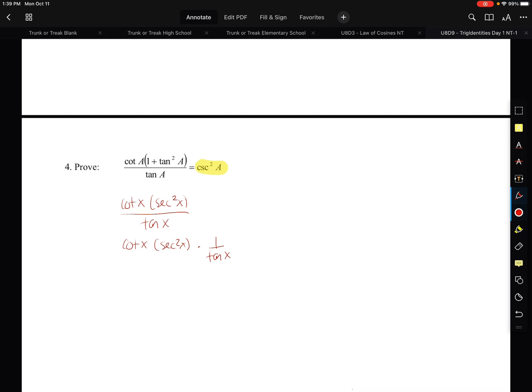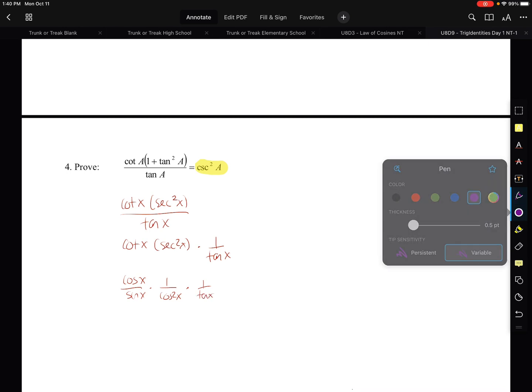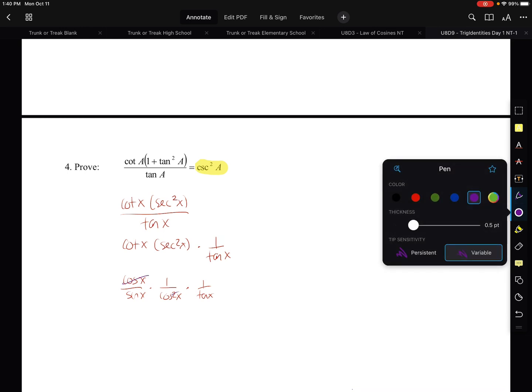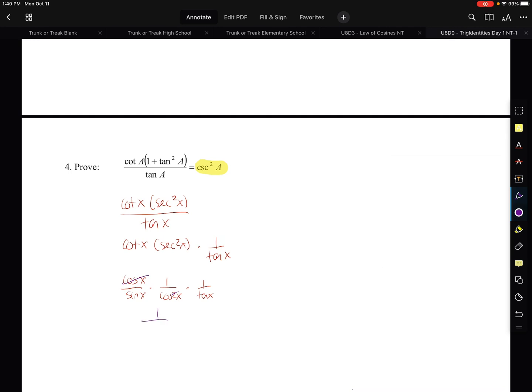So I got this, and one of the rules we talked about was maybe I make things into sine and cos. So I go cos x over sine x times 1 over cos squared x times 1 over tan x. I'm able to do some canceling there. Cancel, cancel. So now I got 1 over sine x cos x times 1 over tan.